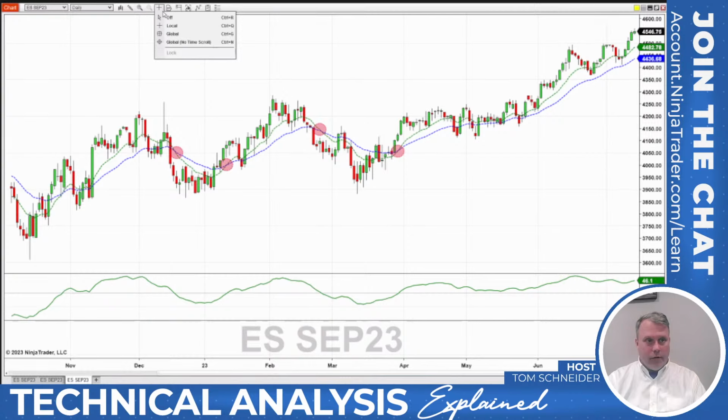And so the idea is when the shorter term moving average is increasing and it's above the longer term moving average, it's increasing faster. That means that the price is increasing faster. It's in a trend. It's in an uptrend. And at some point, those averages are both moving up because the price is moving up.